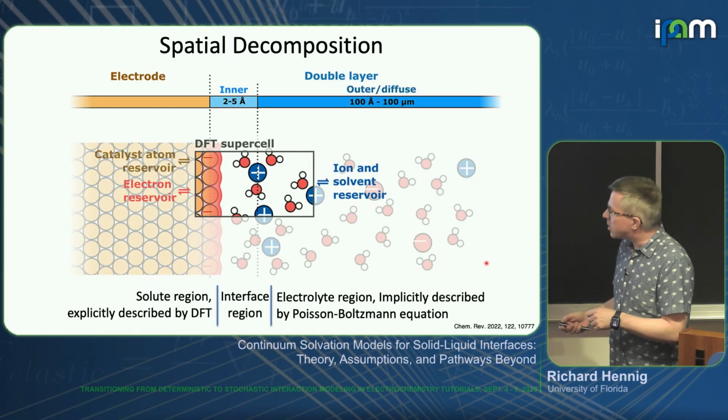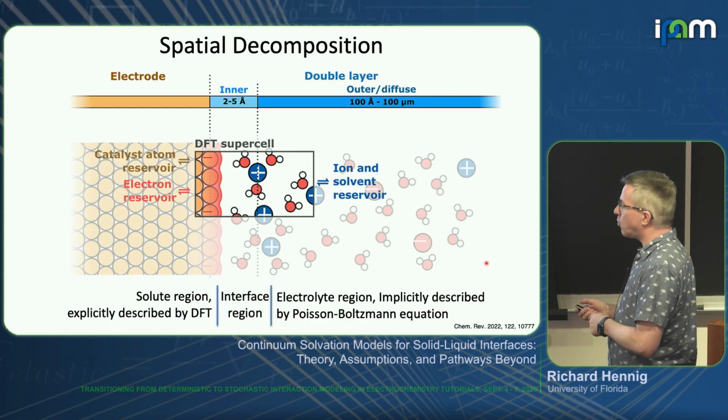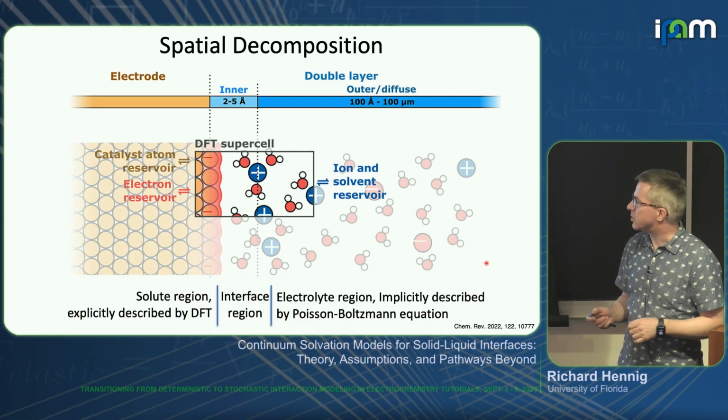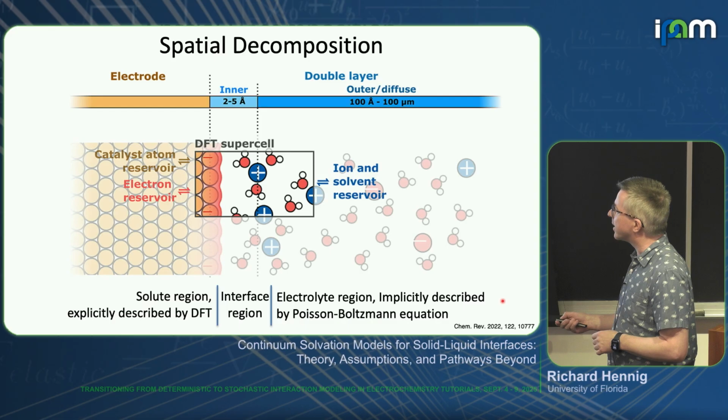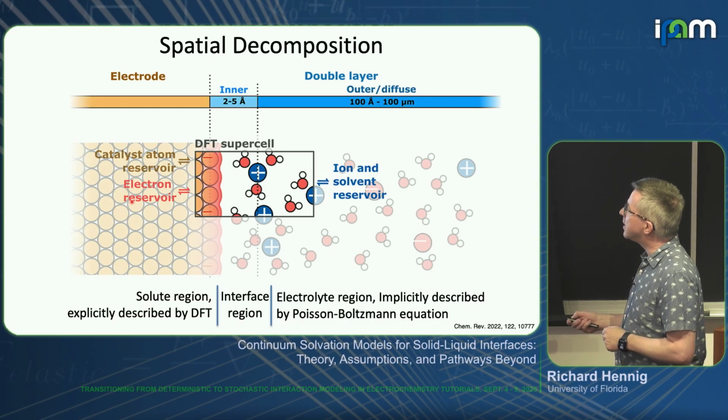So let's first look at an electrochemical interface in order to define the regions that actually are there and the ones we're really interested in. You've got to have some sort of an electrode. It's typically a metal, could be a doped semiconductor, and that's going to be our reservoir of atoms, definitely our reservoir of electrons.